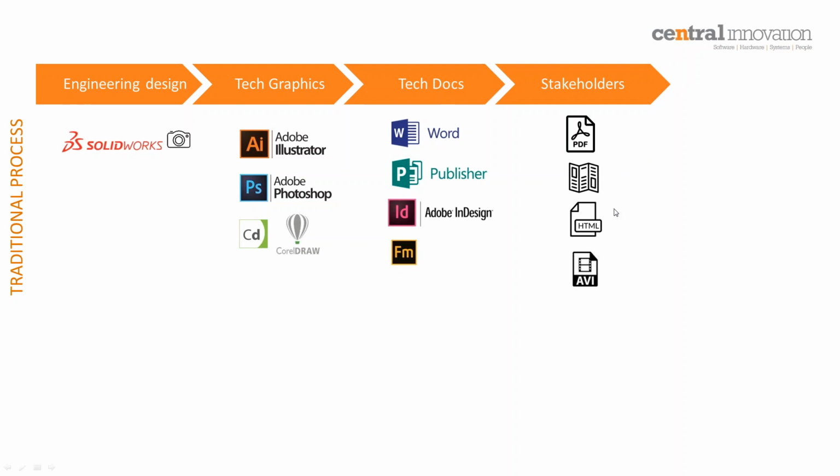But if you want to create something more, animation and interactive, you have to take them into different software that could be InDesign, FrameMaker, or some others, and then start creating your animated or interactive features, which could be AVI files, and then you go ahead and publish.